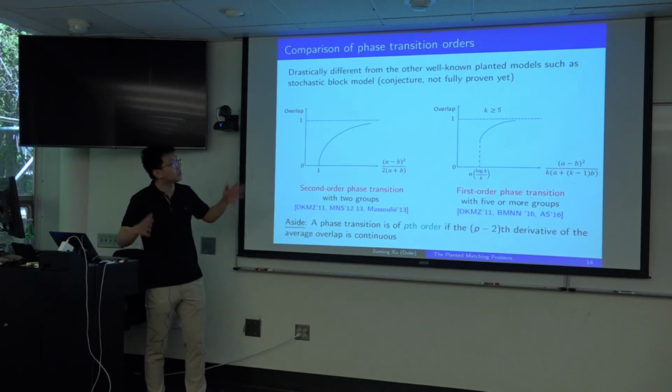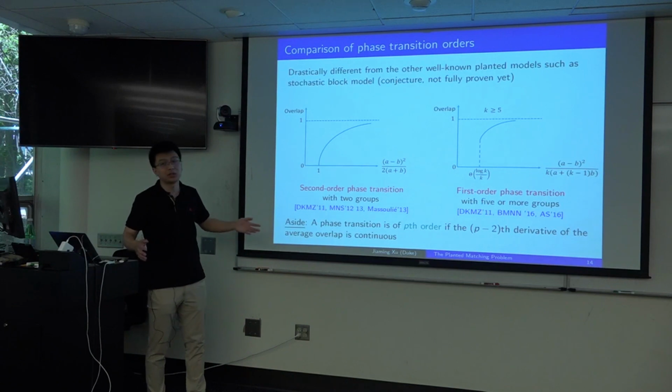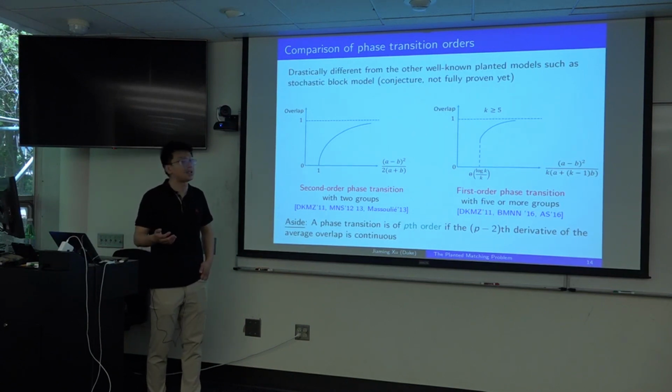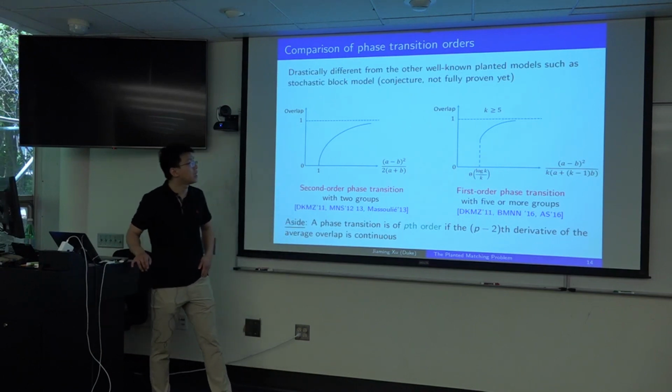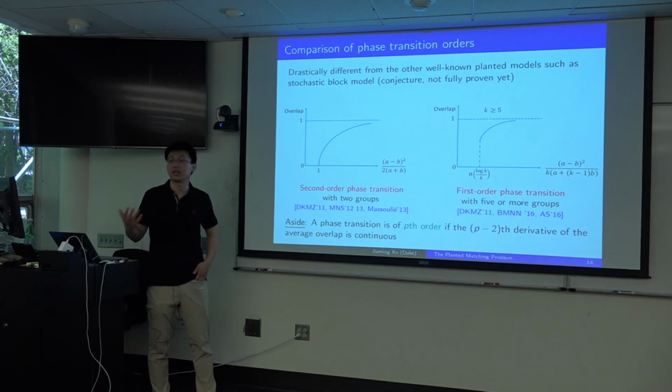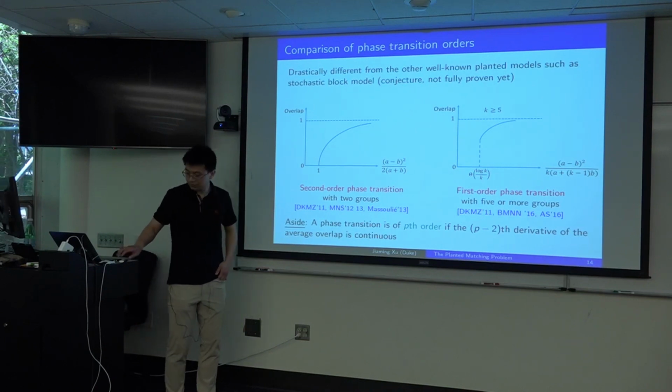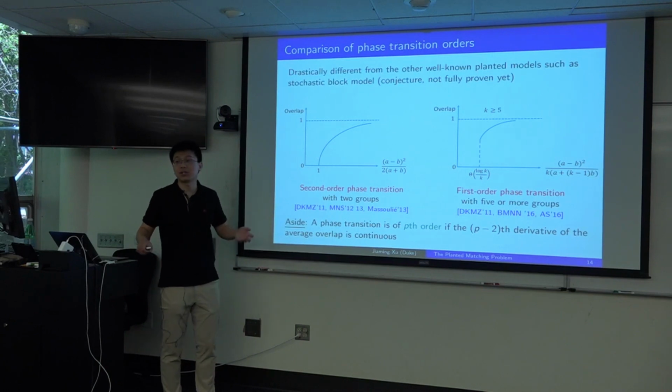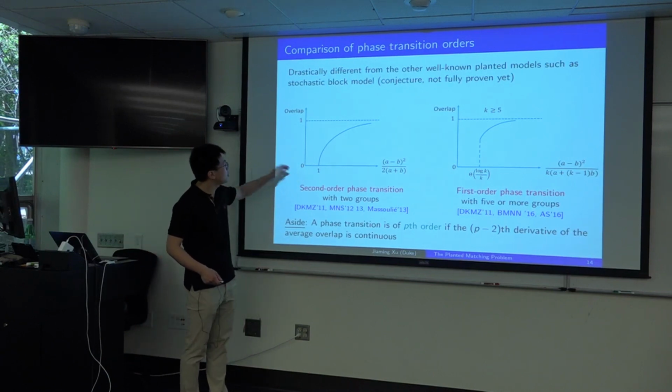You have k communities in general, and within a community, the edge connection probability is a over n, where a is some constant. Across different communities, the edge connection probability is b over n, where b is a different constant. Now you can ask the same question: given this random graph, when can you recover these hidden communities?